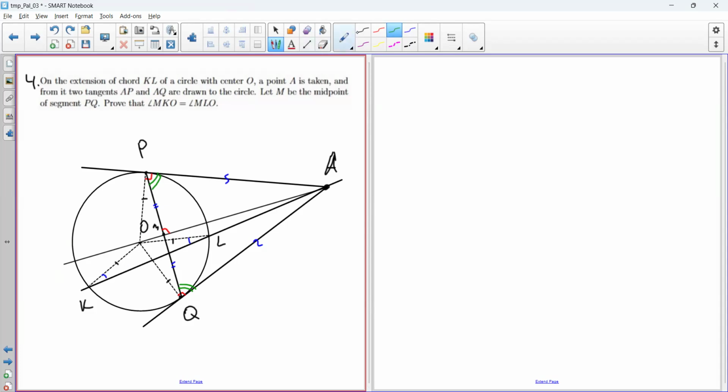So I definitely should expect this bisector to pass through both M and O. And probably I would be interested in these points X and Y sometime later, but still we continue drawing.